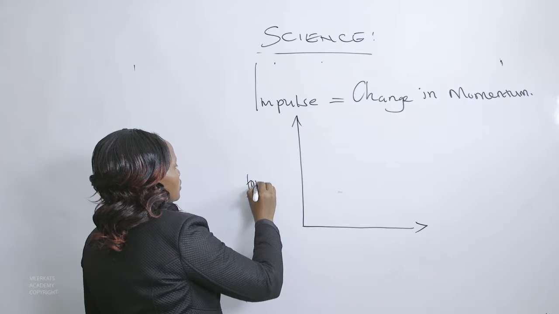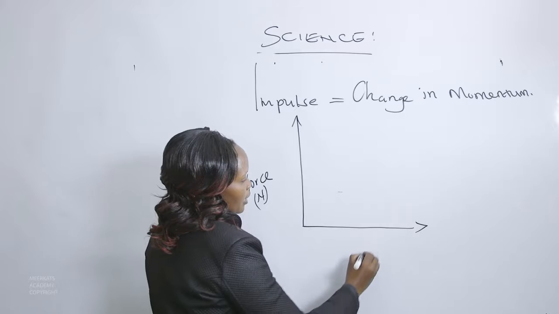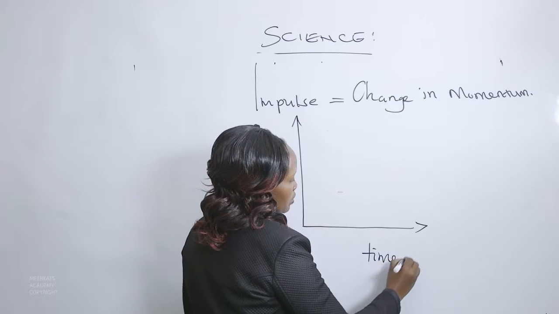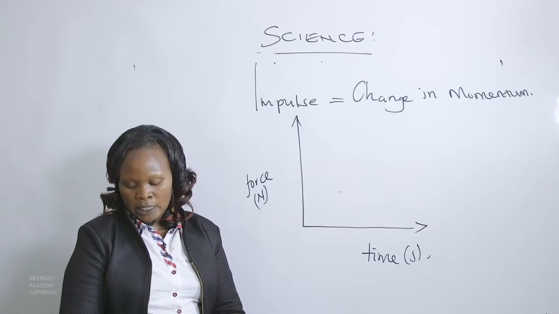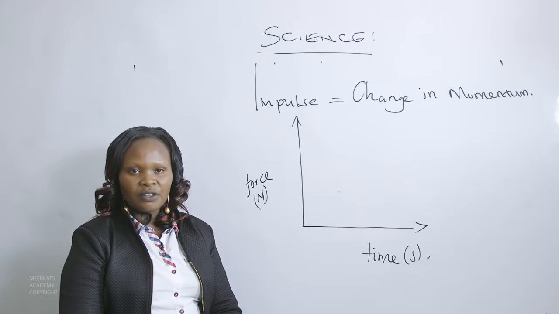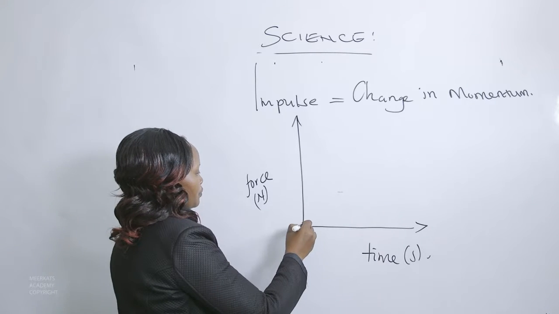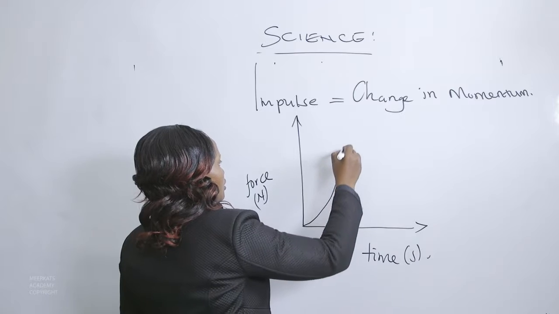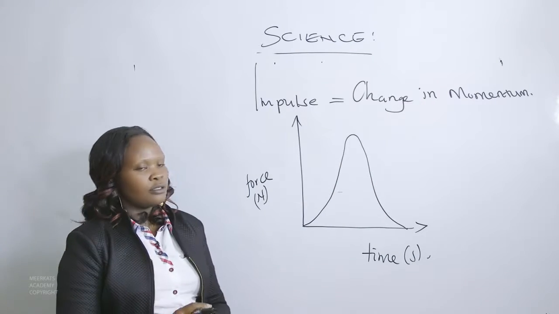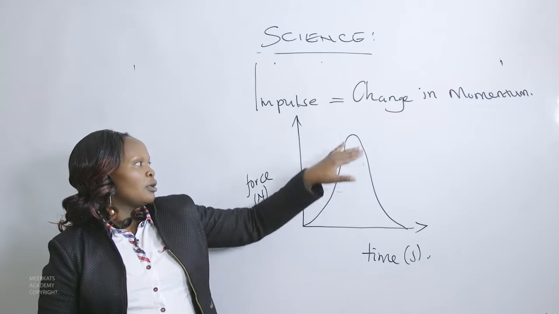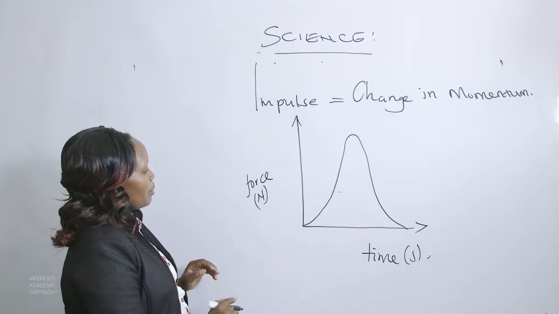This is force in newtons, and this is time in seconds. A plot of that nature gives us a graph which is a kind of curve with a maxima.